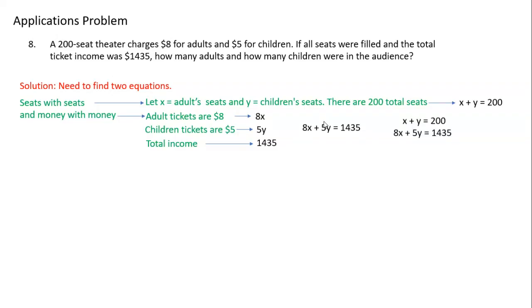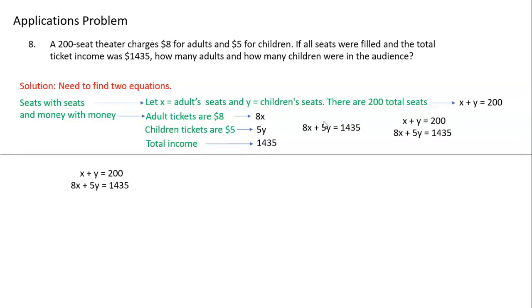Now, if you notice, we have two equations. Hence, we have a linear system. Okay, and I can use any method that I want in order to solve for this. So let's see, how are we going to solve for this? So these are my two equations, equation one, equation two, and by the looks of it, we're going to use the elimination method. Okay, so I'm going to eliminate the x value.